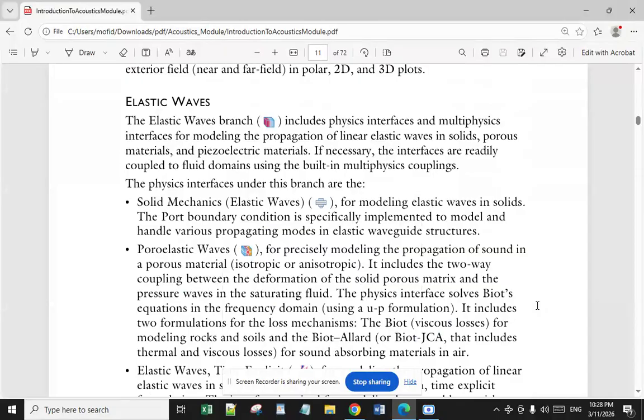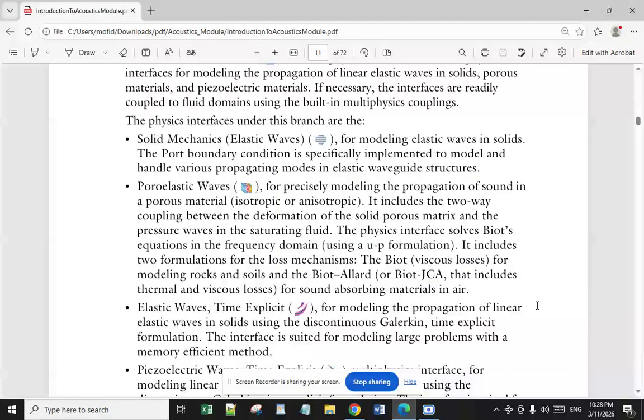The physics interfaces under this branch are, first, Solid Mechanics, Elastic Waves for modeling elastic waves in solids. The port boundary condition is specifically implemented to model and handle various propagating modes in elastic waveguide structures. The second one is Poroelastic Waves for precisely modeling the propagation of sound in a porous material, isotropic and anisotropic.